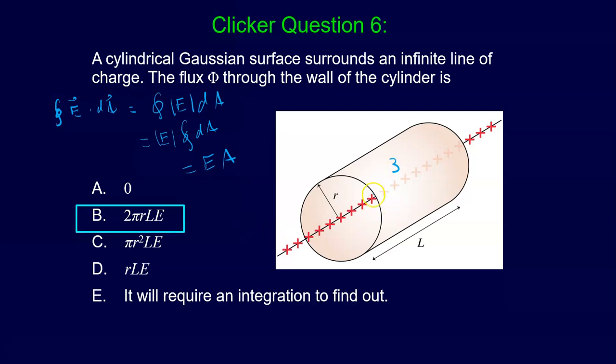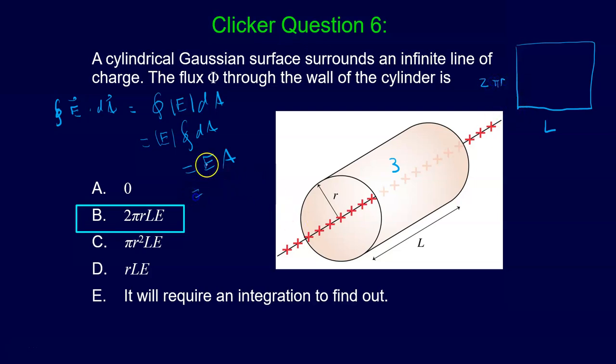Now the trick is to figure out what is the area of this piece of the cylinder. If I cut this cylinder and lay it out flat like this, you've got a rectangle where one side is L, and one side is the circumference of that circle, 2 pi r.